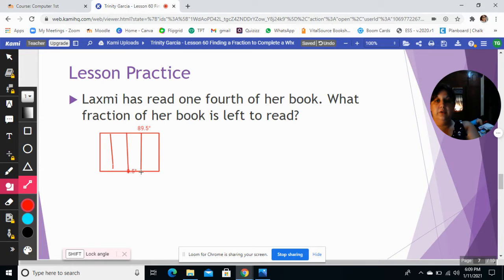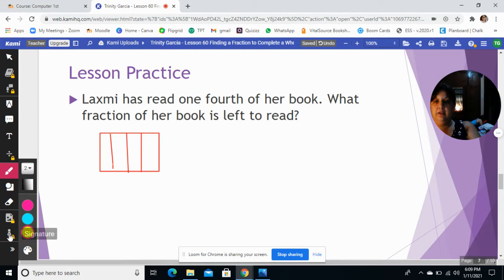Okay, hopefully your rectangles are straighter than mine. She only read 1/4. So we need to color in our 1/4. We'll color the first fourth because she probably read the first part of the book before the rest of the book. Okay, and then we can see that there are 3/4 left to read.